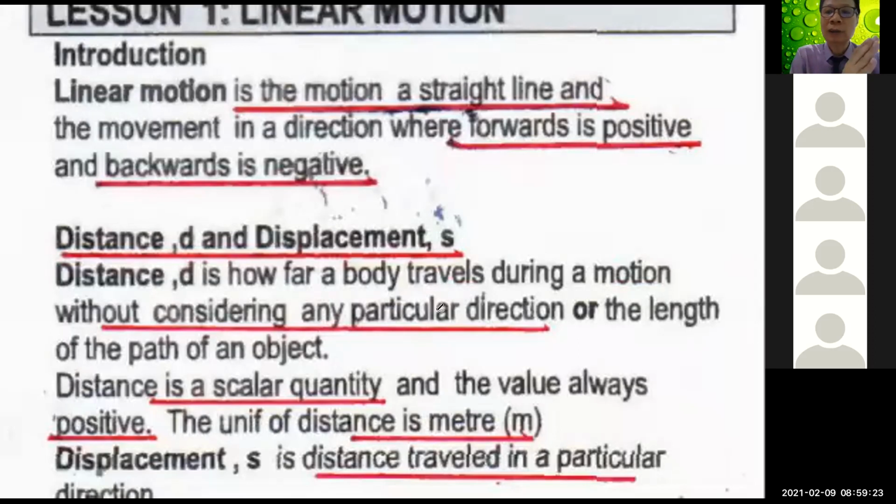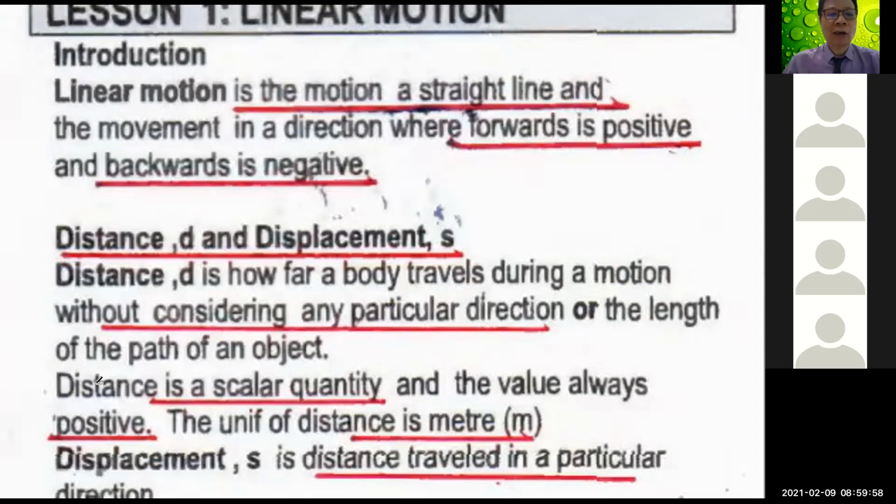So for distance, you just need to know how far a certain body or person travels, without considering direction. You just add up the total of how far he travels. Different direction doesn't matter. That is called distance. No direction. Distance is a scalar quantity.